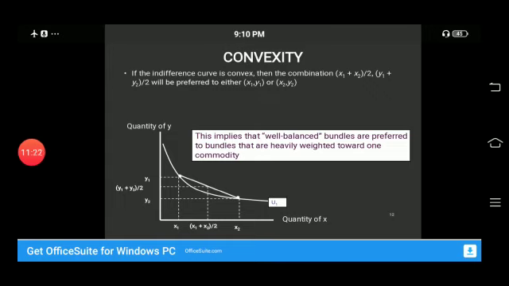Taking the midpoints, that is y1 plus y2 over 2 and x1 plus x2 over 2, these midpoints will yield a new point, and this new point would always be preferable to the original points. So this also proves the convexity. This implies that well-balanced bundles are preferred to bundles that are heavily weighted towards one commodity.